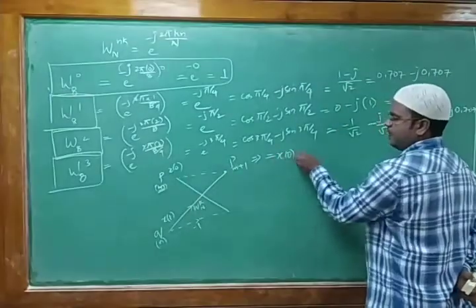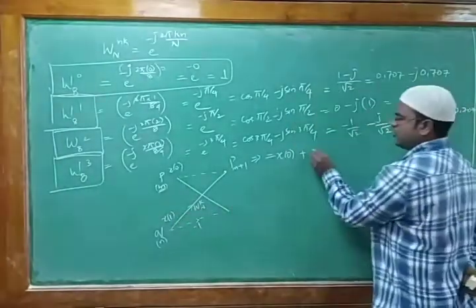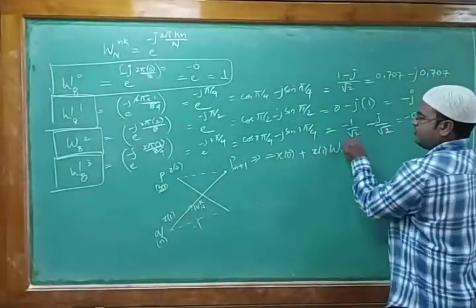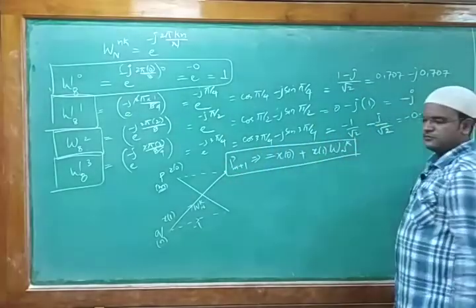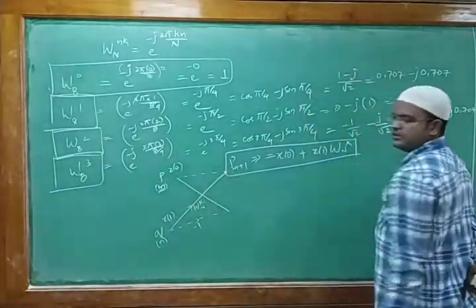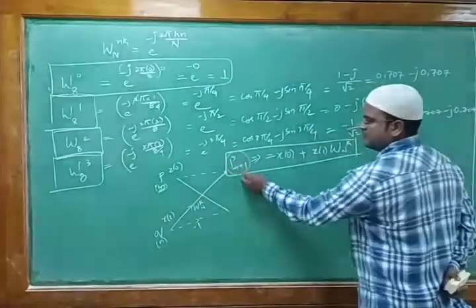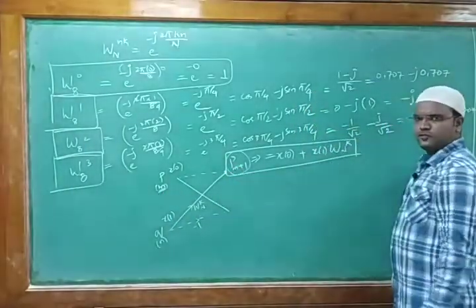X of 0 plus, since it is going crossly, what is the value here? X of 1 into Wn of k. That gives the next value. So the positive one, since it's getting this way and we had one more input this way. If this is the next stage, suppose this is our input for the present stage m, the next stage will be m plus 1.